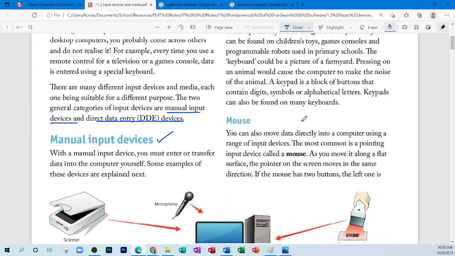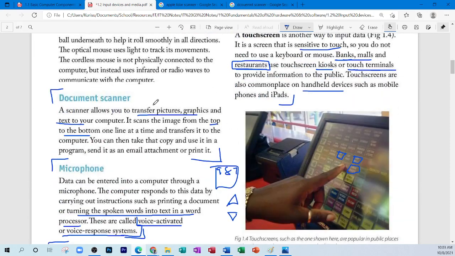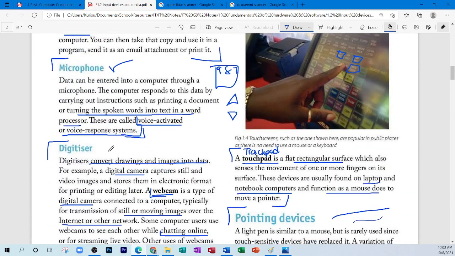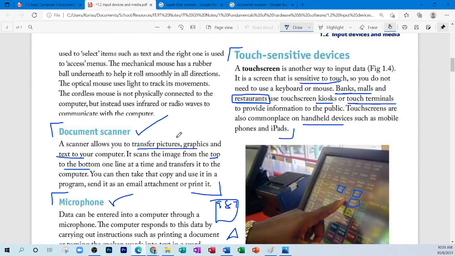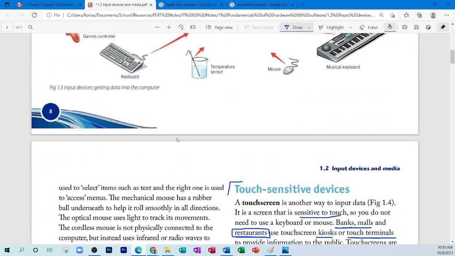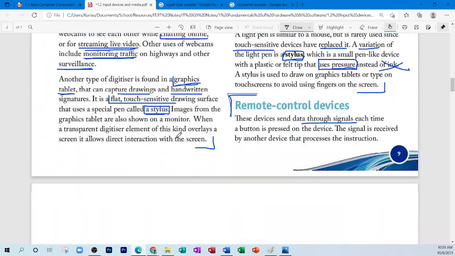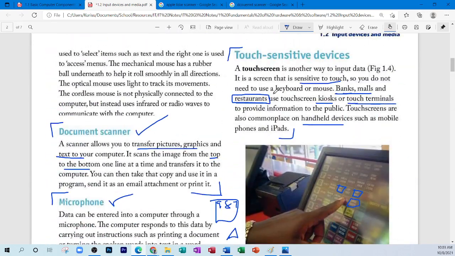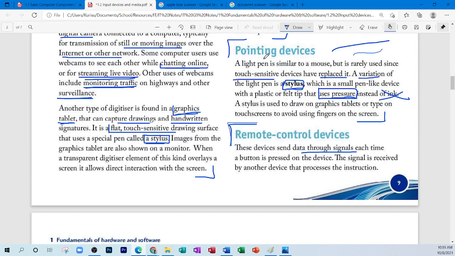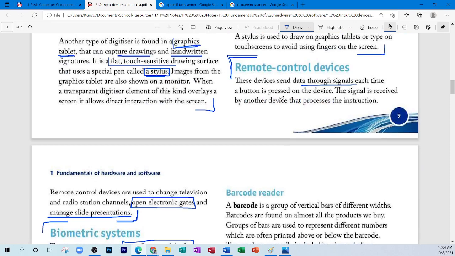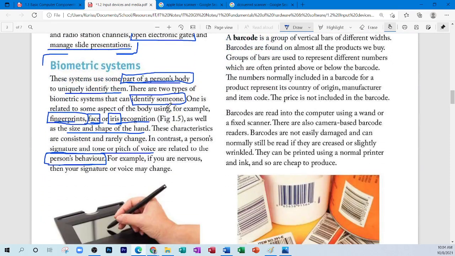So keyboard and keypad, a mouse, a document scanner, a microphone, a digitizer, a webcam, a touch sensitive device such as the touch screen, touchpad and trackpad, the pointing devices, the light pen, the stylus, remote control devices, basically remotes. And then lastly, we looked at biometric systems.